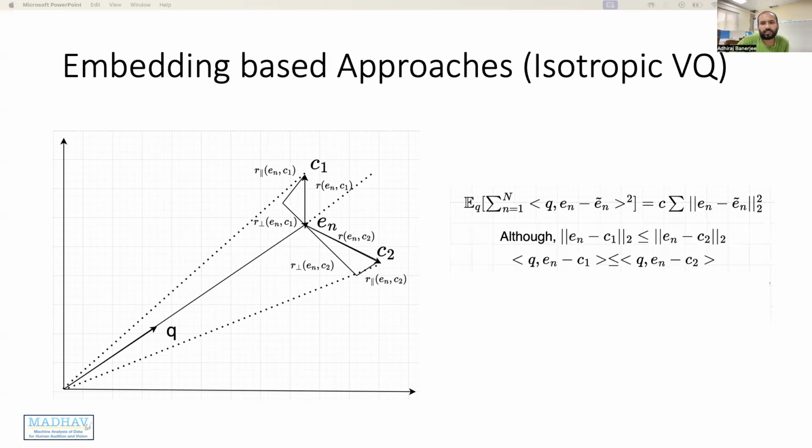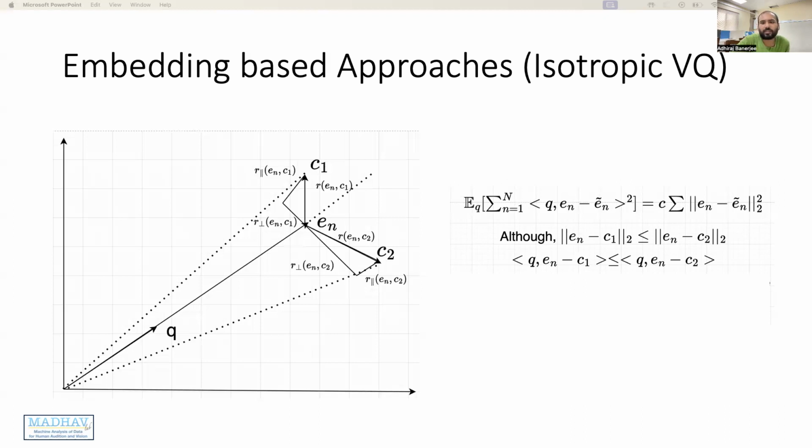We observe that C1 is closer to En than C2 in terms of the Euclidean distance of the isotropic vector quantization loss. But if we consider the inner product of the query with the residual errors, we see the inner product with the query is greater for the residual error vector En minus C2 than the vector En minus C1. Note the angle between the query and the error vectors En minus C2 and En minus C1.